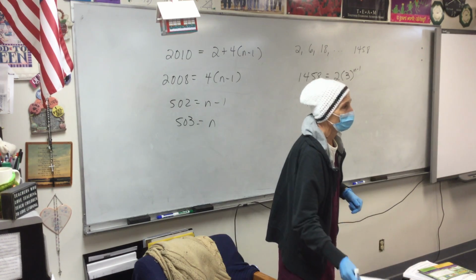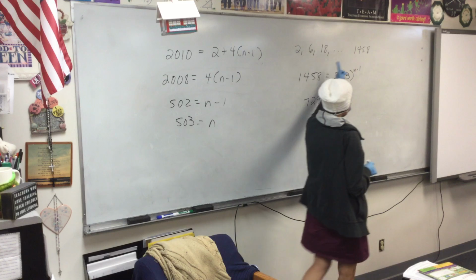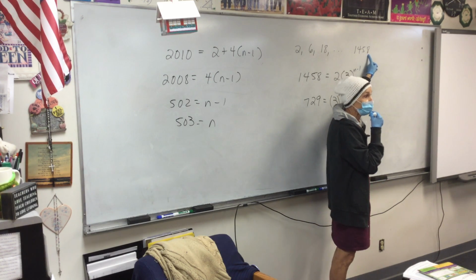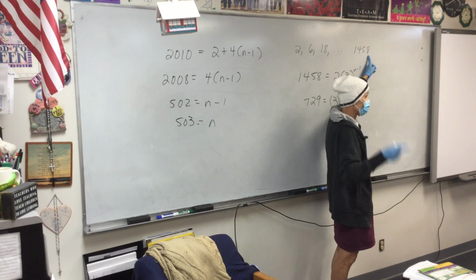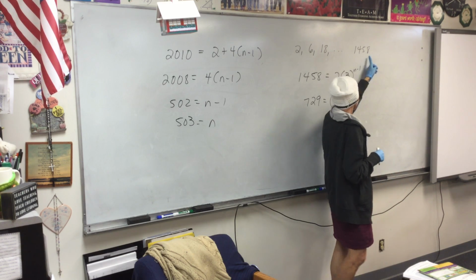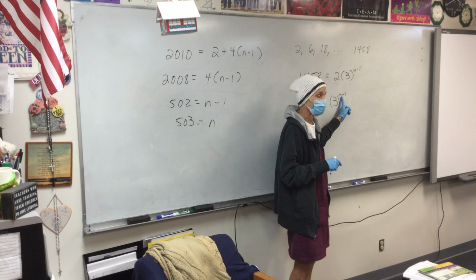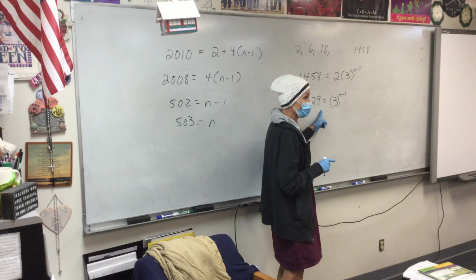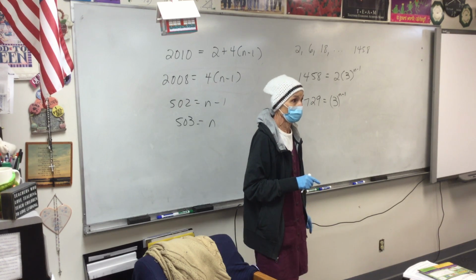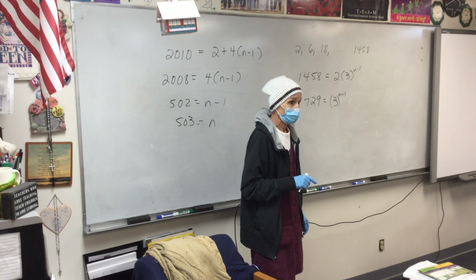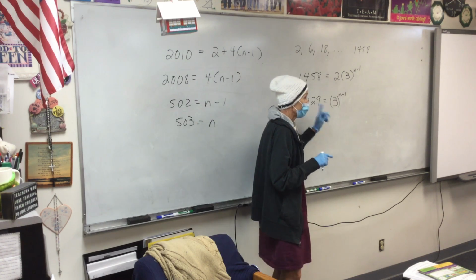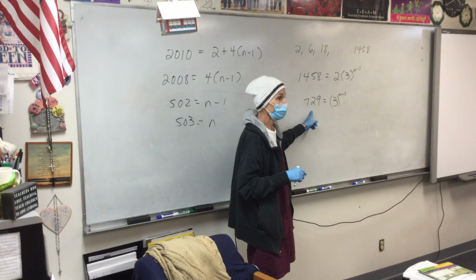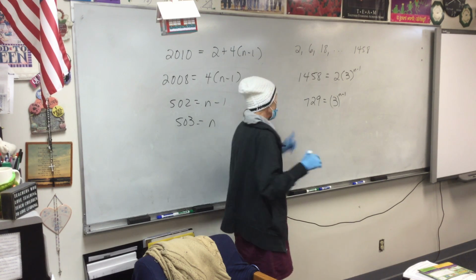But remember what you told me. If this is indeed a term of the sequence, which the problem leads me to believe it is, it doesn't ask me if it is, it kind of makes it seem like it is, then what kind of a number does n have to be? Whole number. A whole number, which means that 729 must be a power of 3. So this must be 3 to a power. So I can figure out what that is.